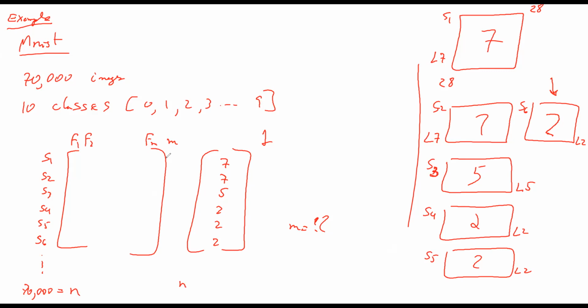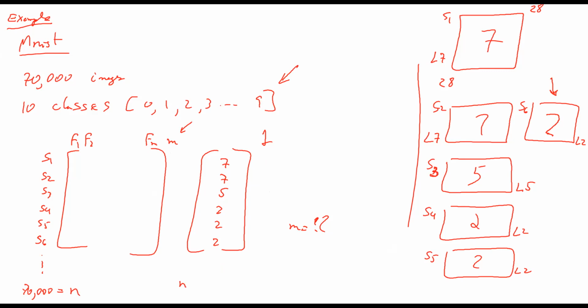So what is the size of M? Is it 10? Not 10. 10 is the number of available classes or labels, so it relates to the values that go in here. In the X matrix, this is the Y. Are we using the 70,000 images?